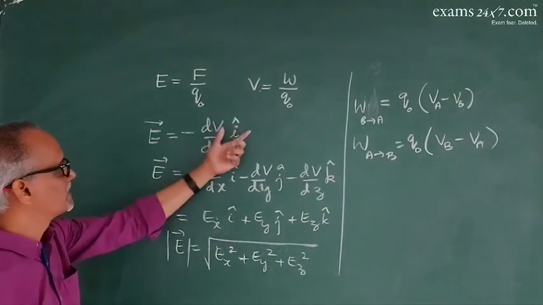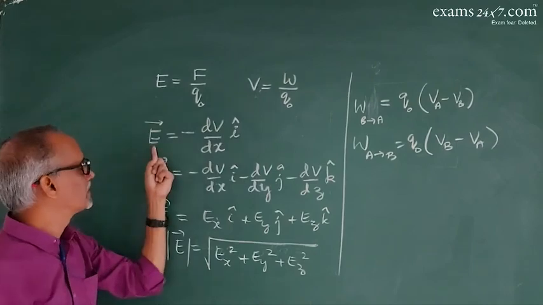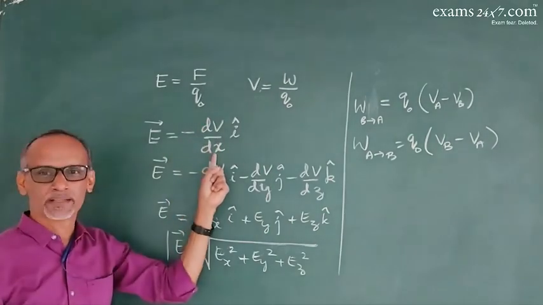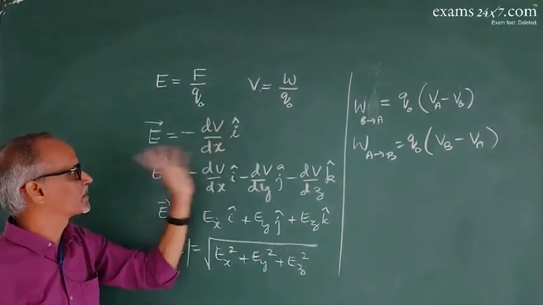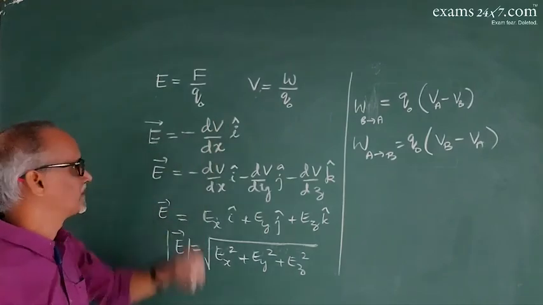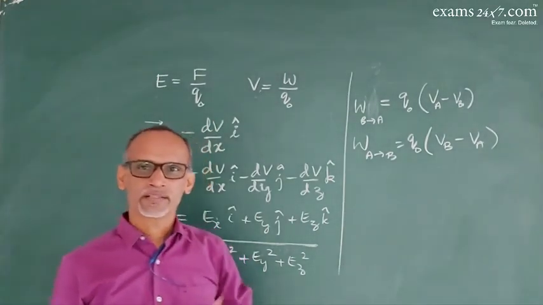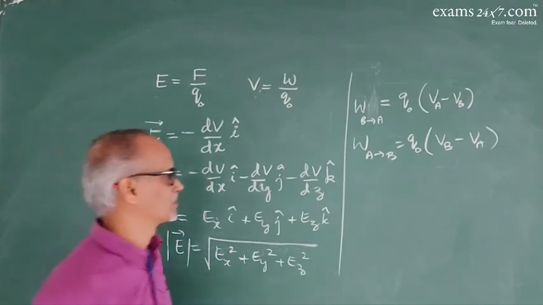If potential is given, then we find the negative potential gradient. That means we differentiate V with respect to x. Then we find the electric field. If the electric field is given, how to find the potential?